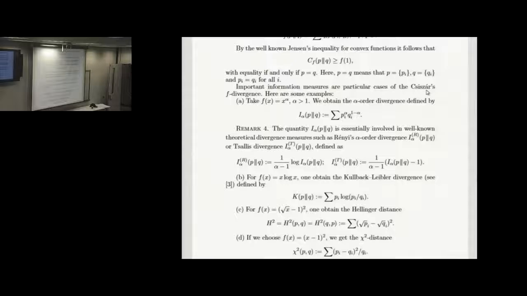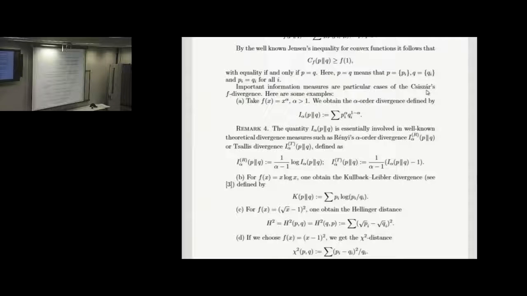And if you put it there, what do you obtain? You obtain the Kullback-Leibler divergence for this function. It goes like the sum of Q times f, where instead of x we put P over Q. So it's P over Q and a logarithm, where x is also P over Q. And what is this?